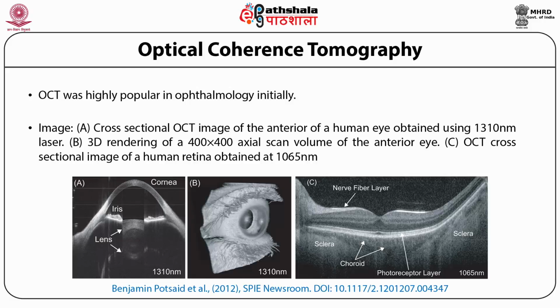So by looking at these pictures, you can imagine that OCT is a technique which is used not only to image the surfaces of the samples, but to go below the surfaces as well and create 3D structural images of the samples. So it is highly useful for biological applications where you want to image not only the surface regions but go inside and look for crust, cavities and so on.